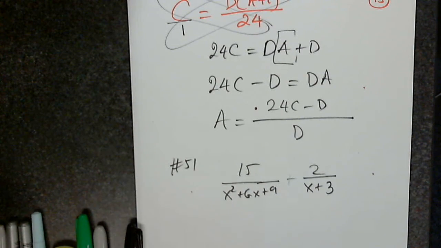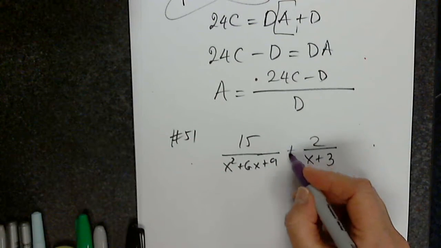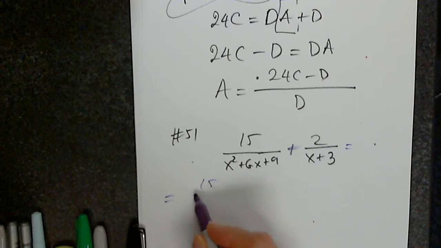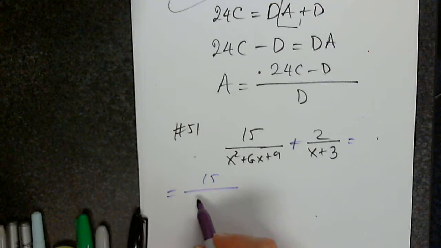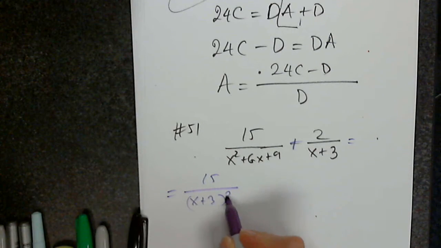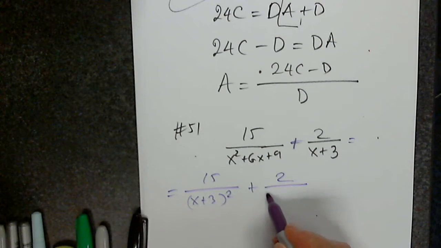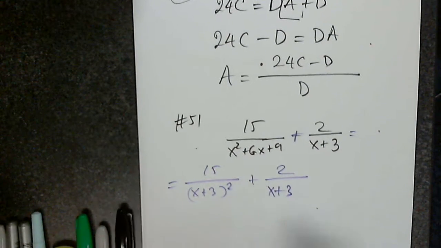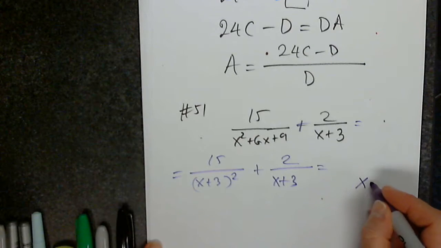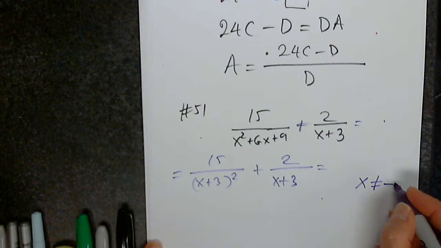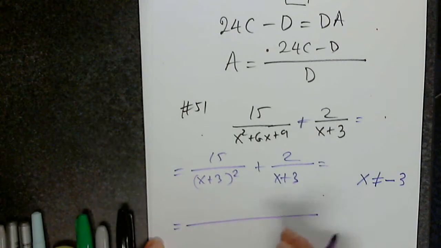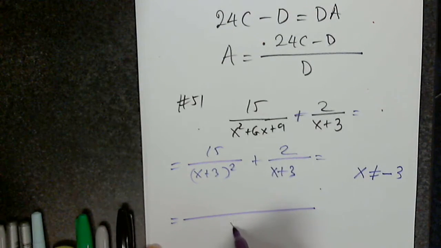Can anyone put us on the right path? Common denominator, first factor. It's x plus 3 squared. You multiply the second by... So then the LCD is x plus 3 squared.